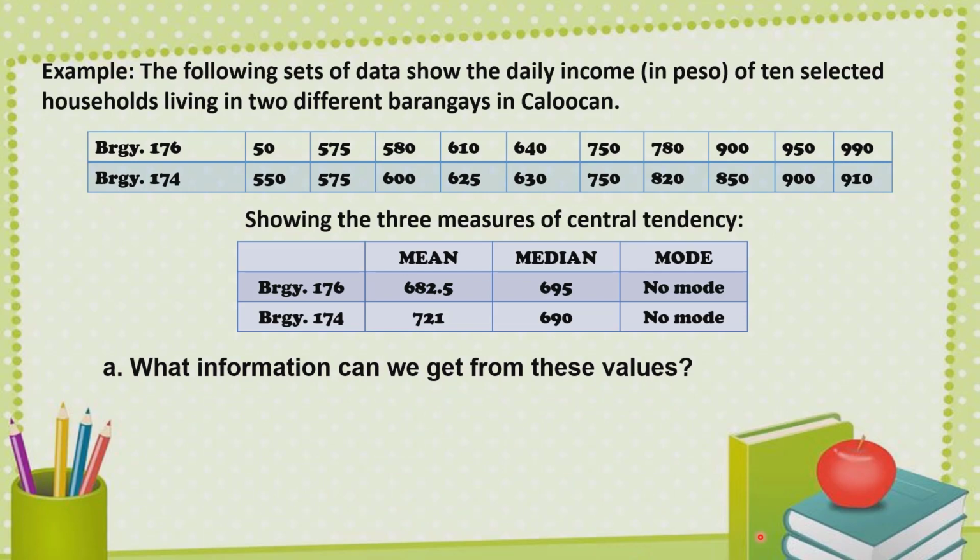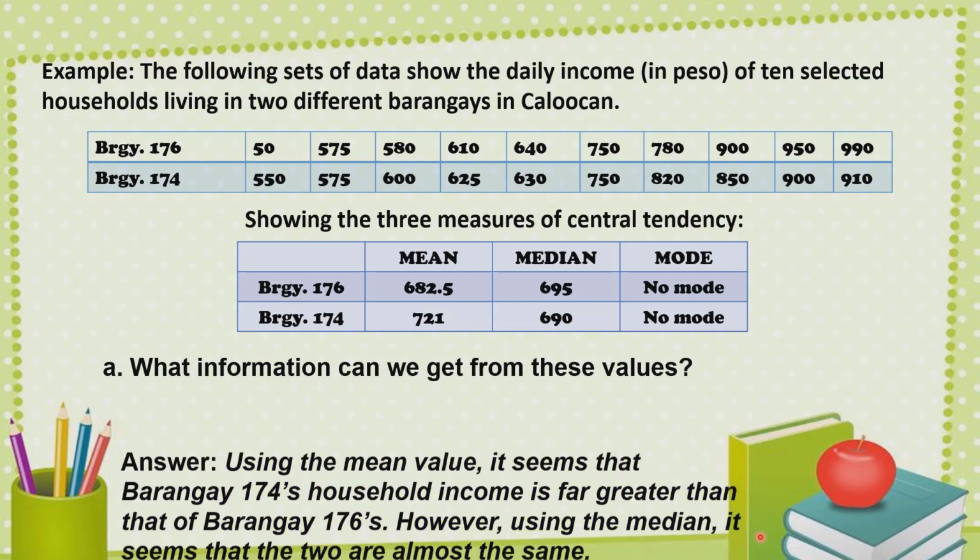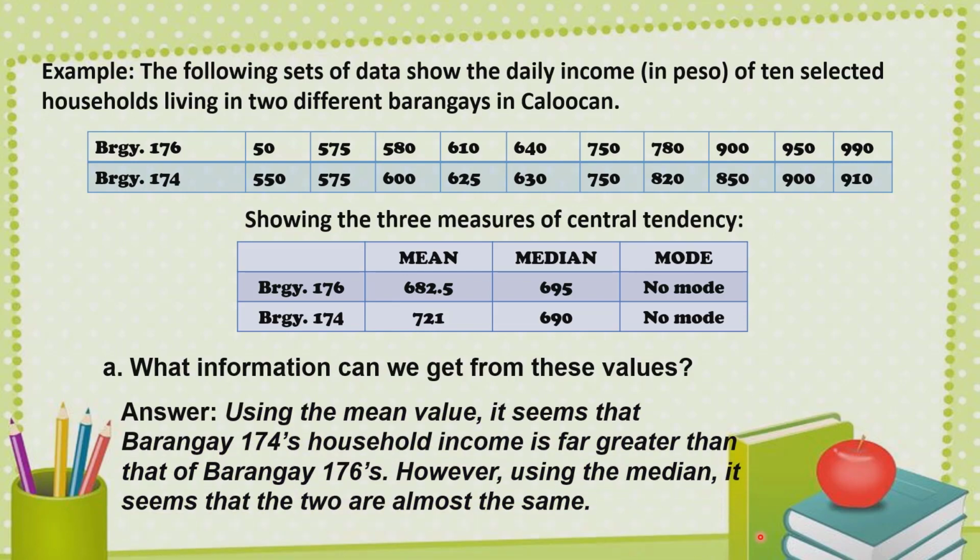From the data given, what information can we get from these values? Using the mean value, it seems that Barangay 174's household income is far greater than that of Barangay 176. We can see here in the mean that Barangay 174 has 721 while Barangay 176 has 682.5.